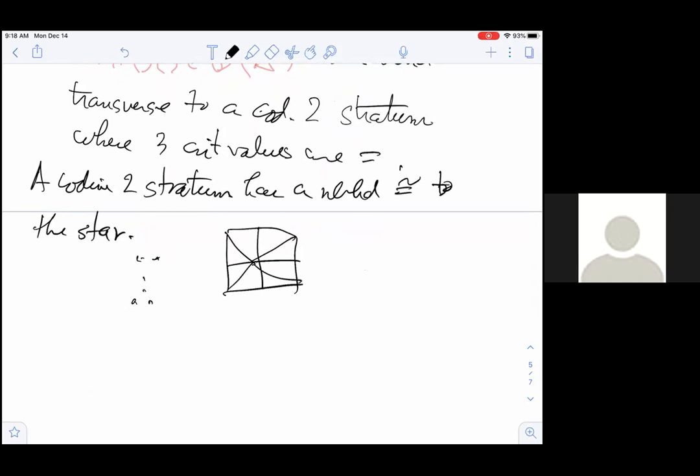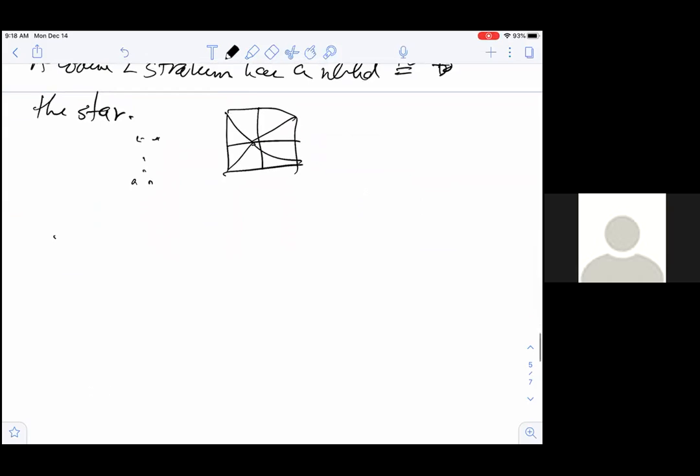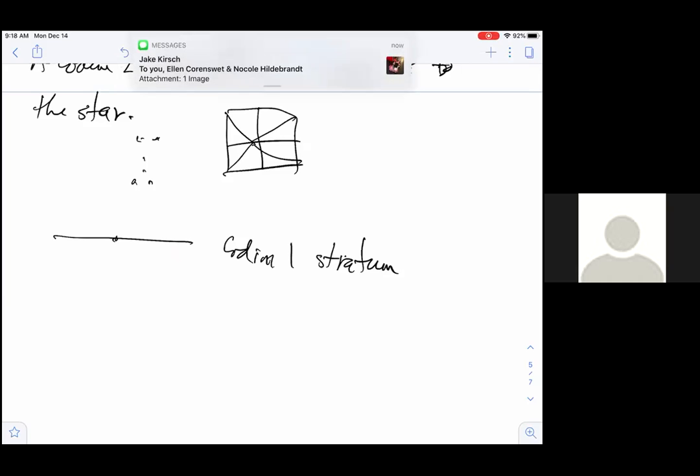That would be its neighborhood. Okay. And a codimension 1 stratum would give you that. So we have a very good hold on what locally this stratification looks like, but we don't understand it globally, because as you move around, how many strata do you get and so on.